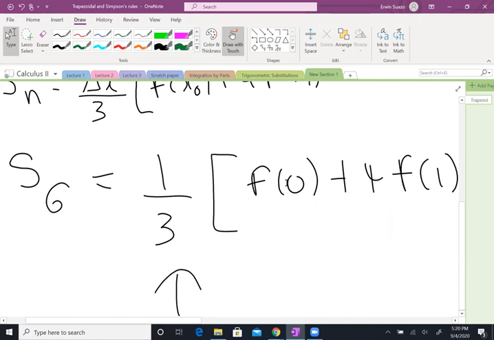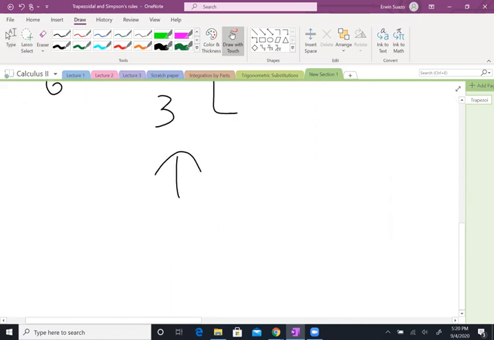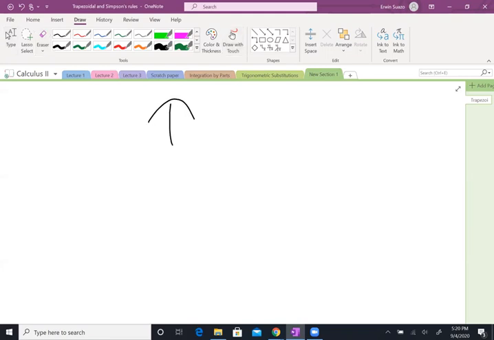So let's do this integral. Let me remind you again of the formula.